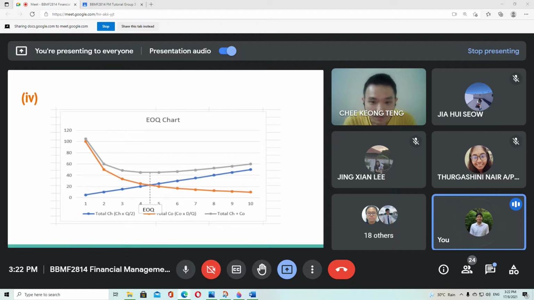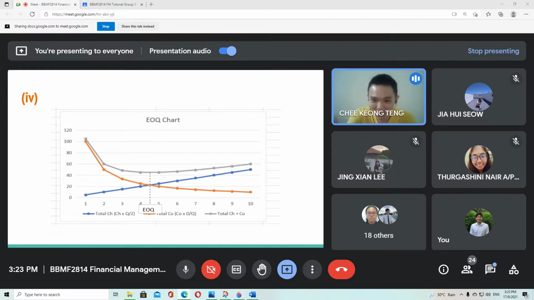So by using those values, we can plot a graph, and the EOQ is usually at this part, so the EOQ will be 45 units. So that's all. Thank you.